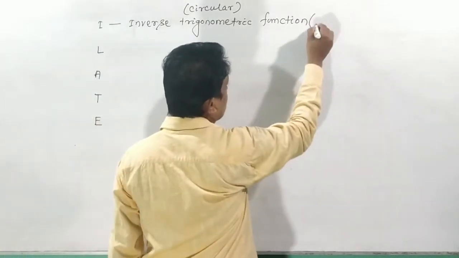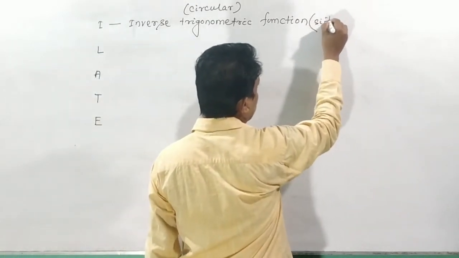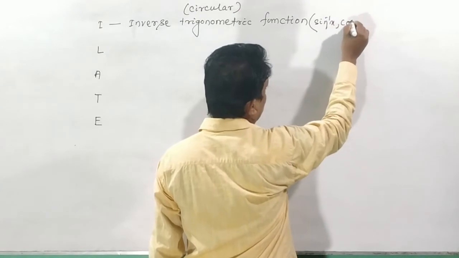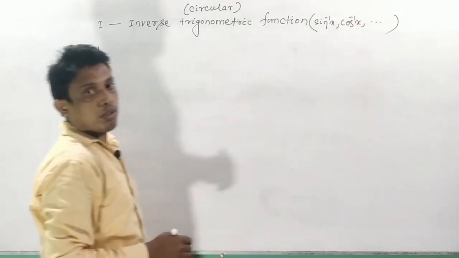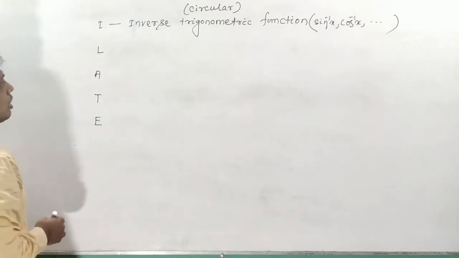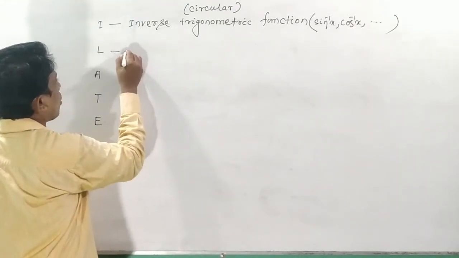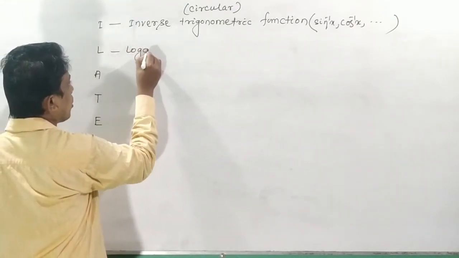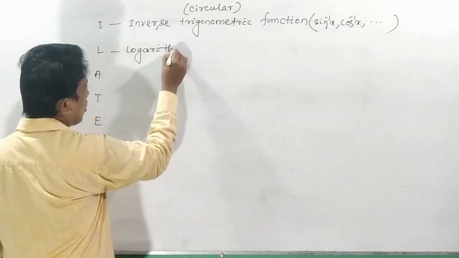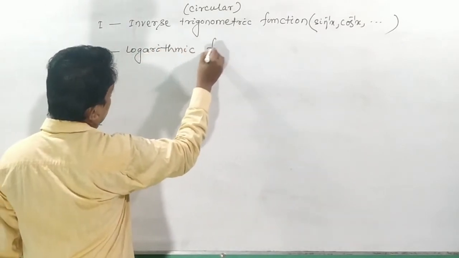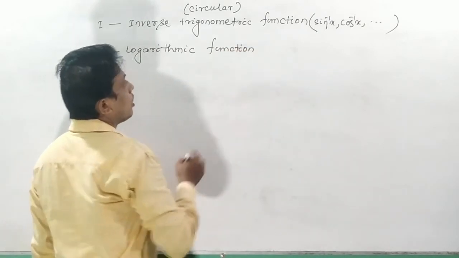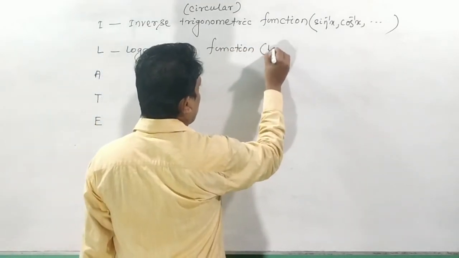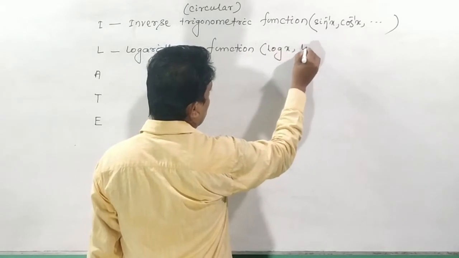These are sin inverse x, cos inverse x, tan inverse, cot inverse, sec inverse, cosec inverse, like that. Then L is your logarithmic function. This is your log x, ln x.